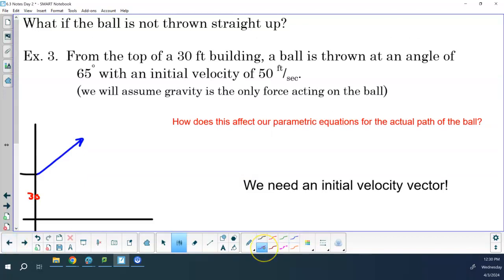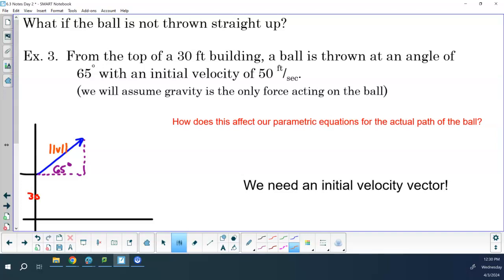If I take this initial velocity vector and I make it be a right triangle, okay? So we're launching it at a 65-degree angle. Then the horizontal part of my vector is going to be, so this is going to be the magnitude of my vector.